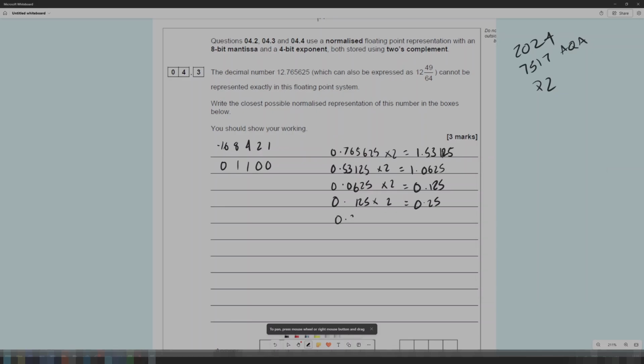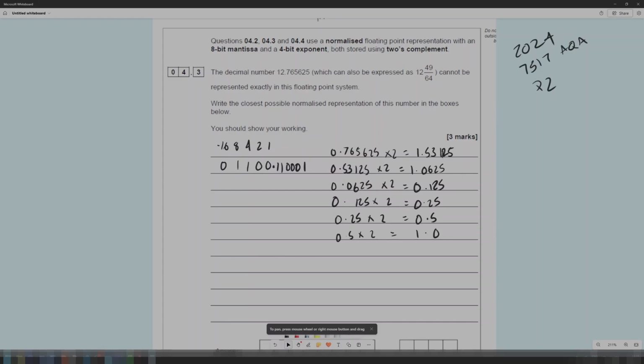Times that by 2, and we're going to stop whenever the fractional part gets to 0. So times that by 2 gives us 0.5, and then 0.5 times 2 gives us 1.0. Okay, so the fractional part is 0, so we can stop now. So if we read this off top to bottom, 1, 1, 3 zeros and a 1.